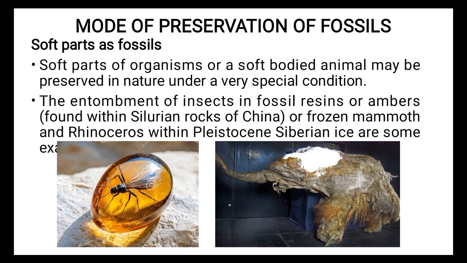This insect got sealed inside the amber, so the hard parts as well as the soft parts get preserved. Another is frozen mammoth, woolly mammoth, and rhinoceros within Pleistocene Siberian ice. In Siberian ice, paleontologists found mammoths in which the soft parts like flesh and skin also got preserved. So these are rare or special conditions in which we get soft parts.